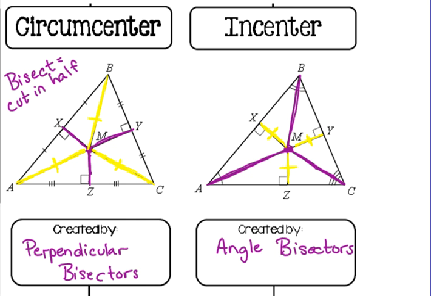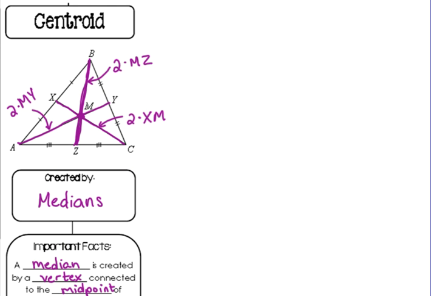The incenter is the only one that starts with a vowel, it starts with an I. Angle bisectors start with an A, and the vowels go together. Incenter, angle bisectors. And then finally we have the centroid. It's the shortest one, and it's created by the shortest word, the medians.